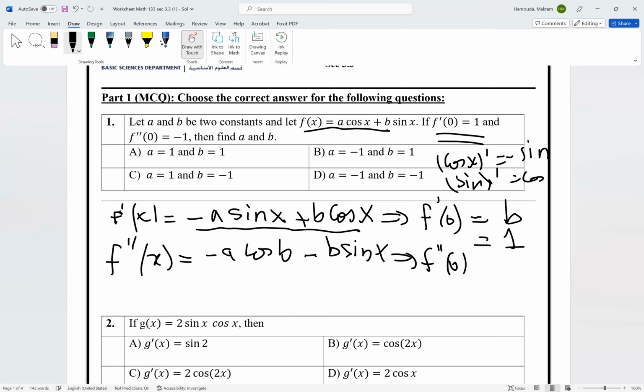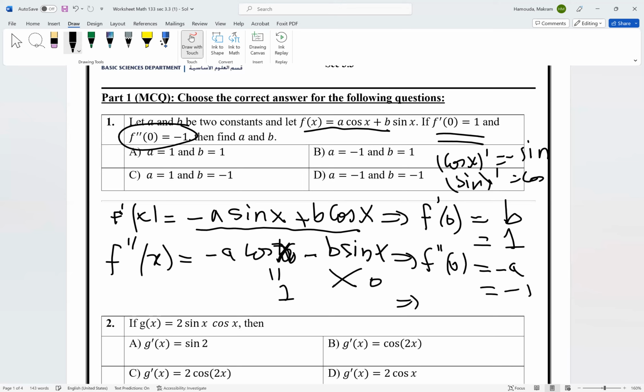Then f secant of 0. So I will substitute here x by 0. So this will be 0, and cosine will give 1. So minus a multiplied by 1, this is equal to minus a. And from the information that f secant is equal to -1, this is equal to -1.